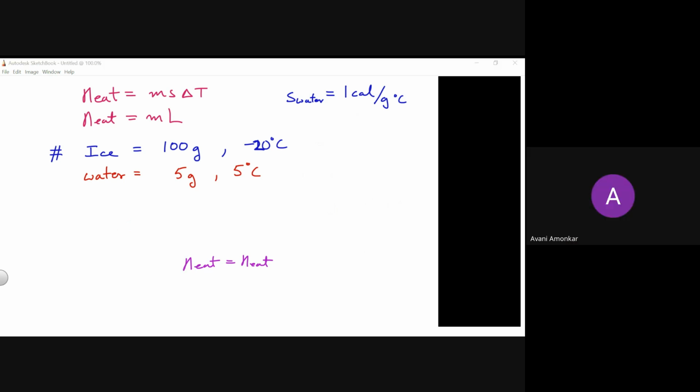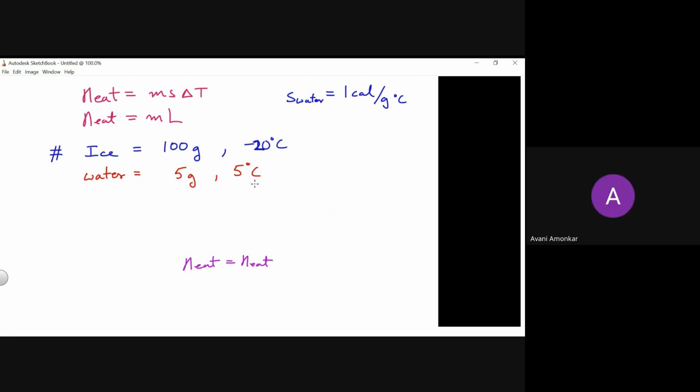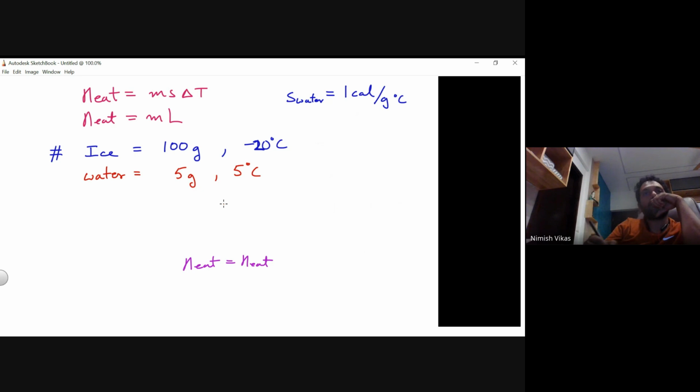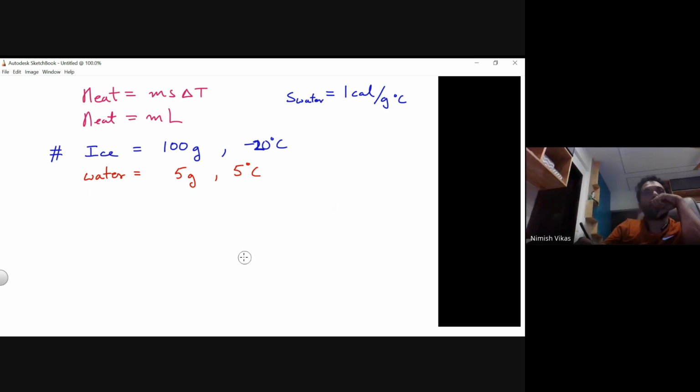So is it negative? Yeah, but it cannot be a hunch. So can you tell me why negative? Who are you, by the way? Avni. So why negative? Sir, because of average temperature? No, not at all.